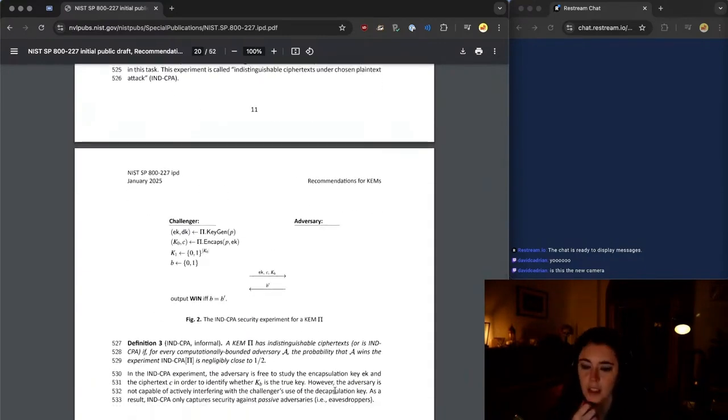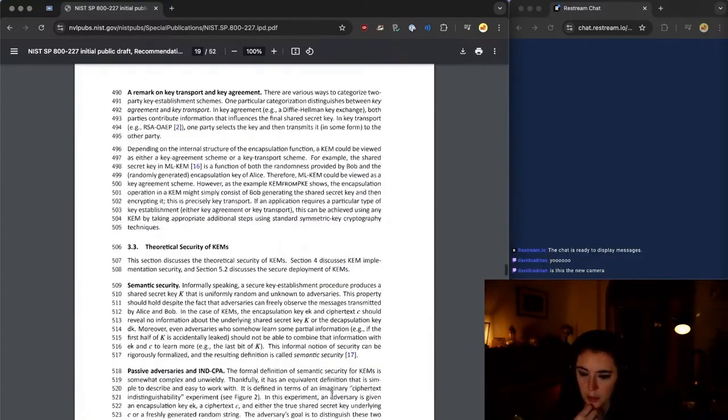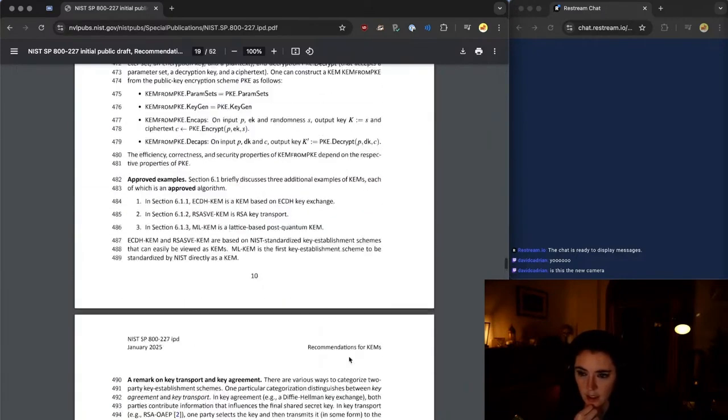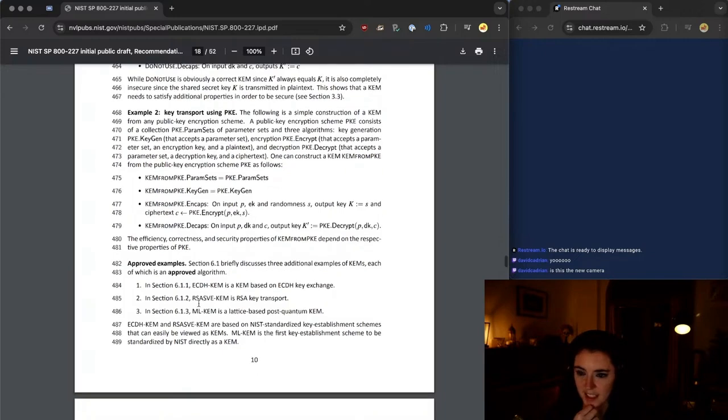And NIST basically said, oh, here's a figure 4 that I kind of skimmed past. Figure 4 is a protocol you can do, and I think figure 5 is the authenticated protocol. You can use these traditional KEMs based on RSA in here, and that is one example. Yeah, this guy. Yep, they are approved algorithms, all right? And basically, Cas Cremers is saying, if you use this RSA-SVE KEM, it's basically an ability to establish a shared secret using RSA encryption.